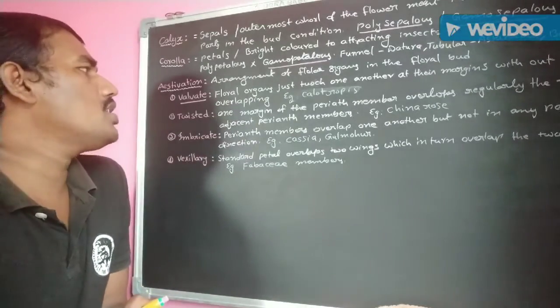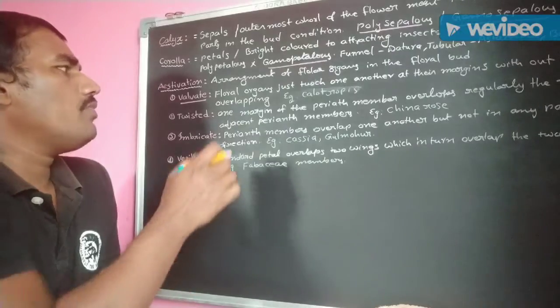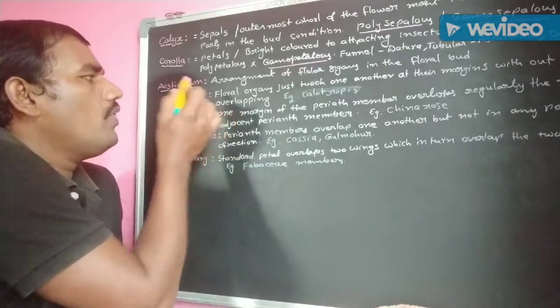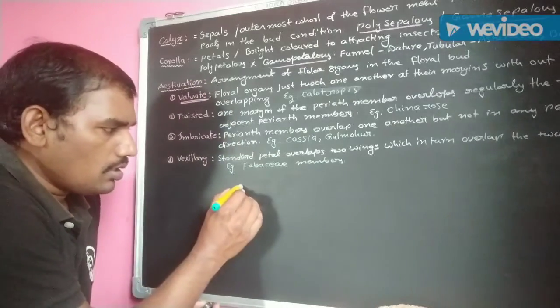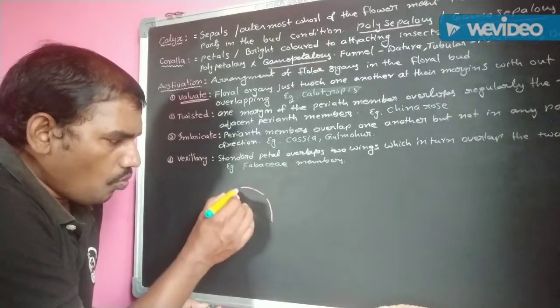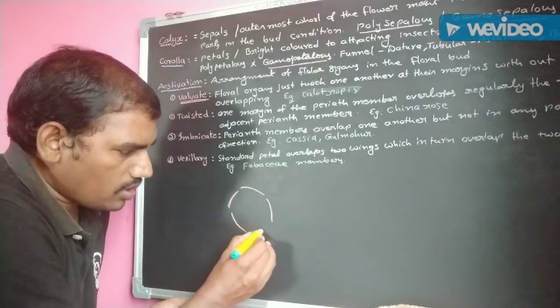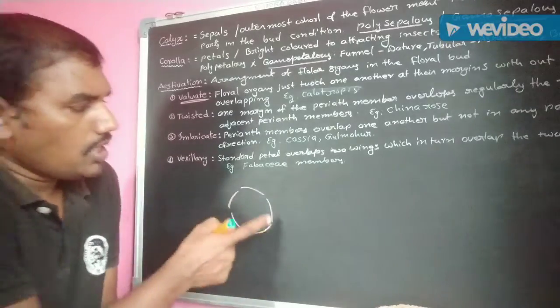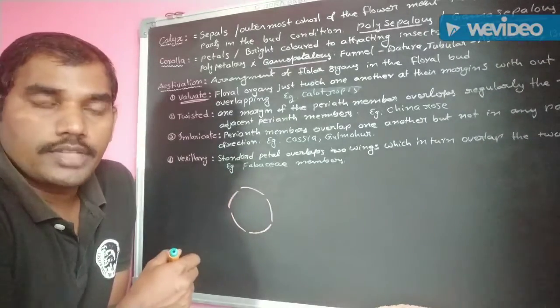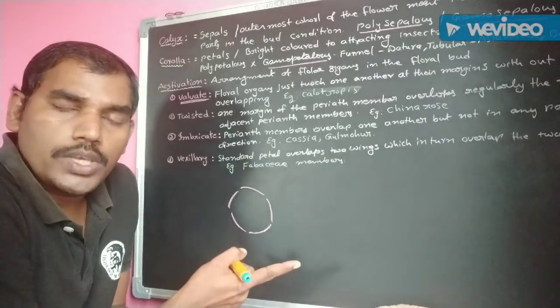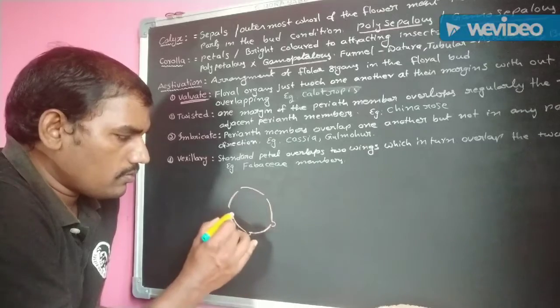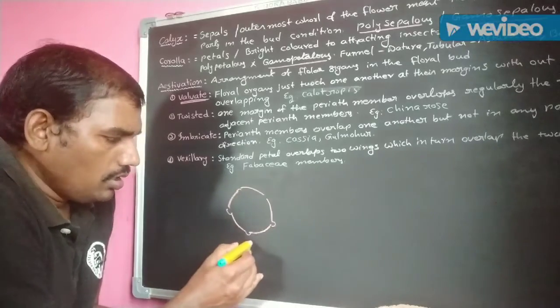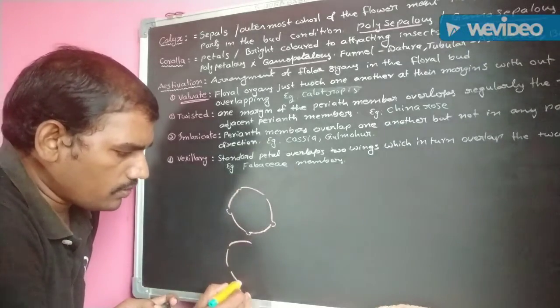This type of arrangement is known as valvate aestivation. These are not overlapping with one another. These are either free, this means poly, or gamo or fused. Either free or fused.